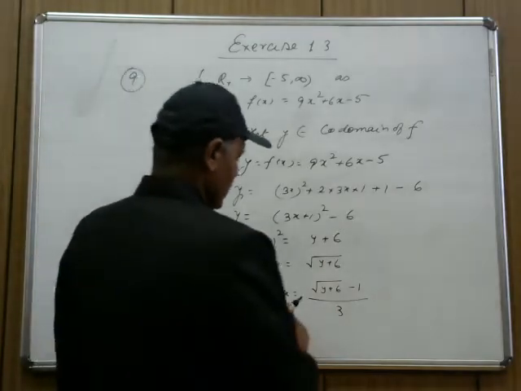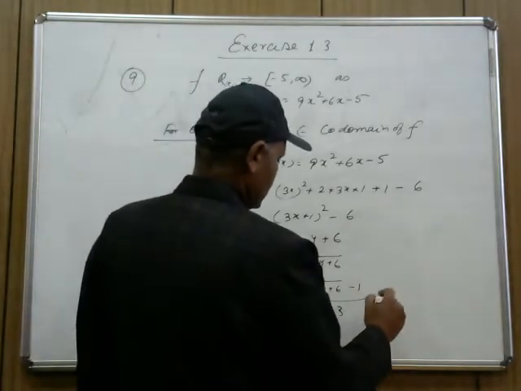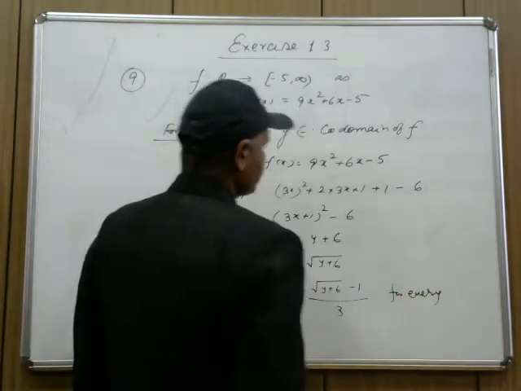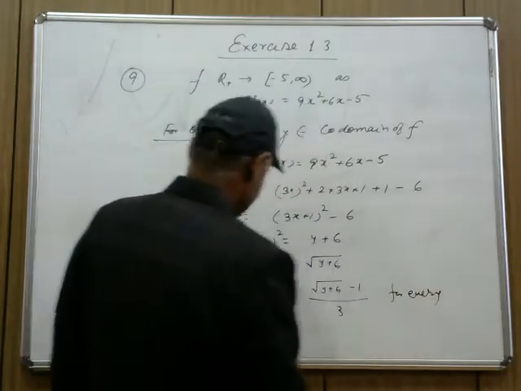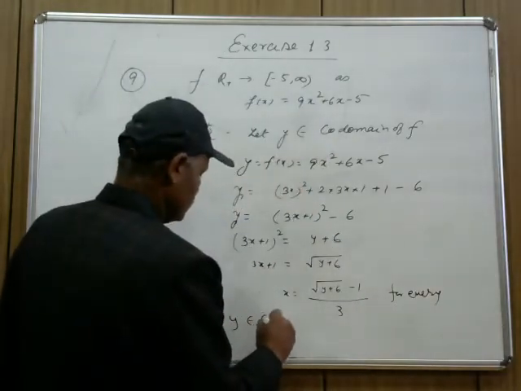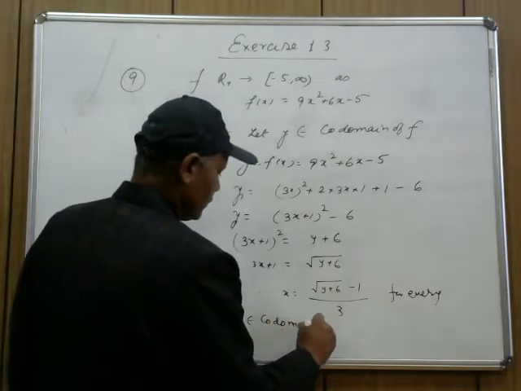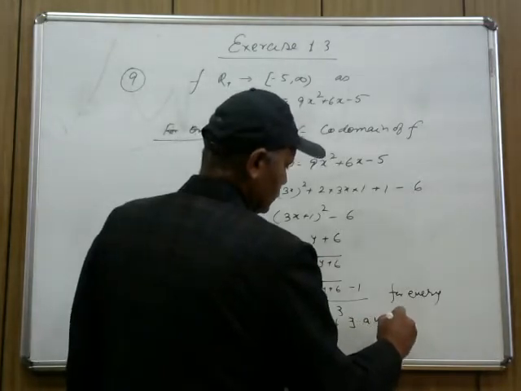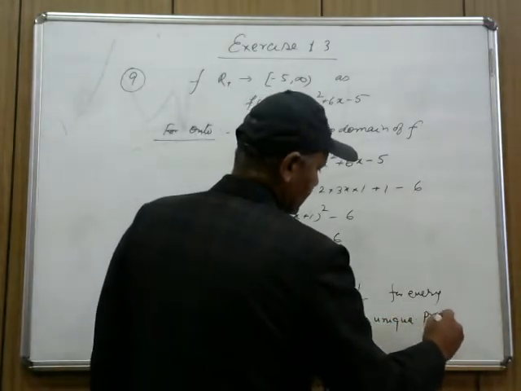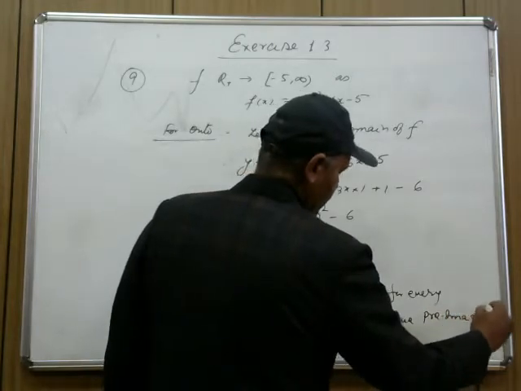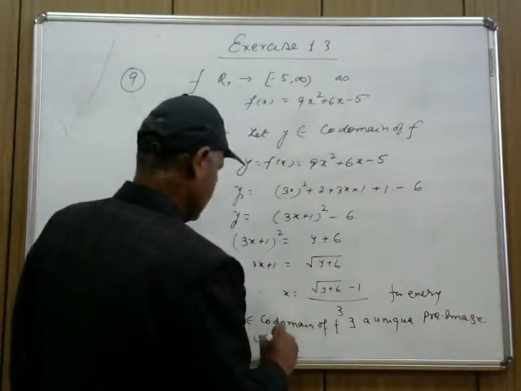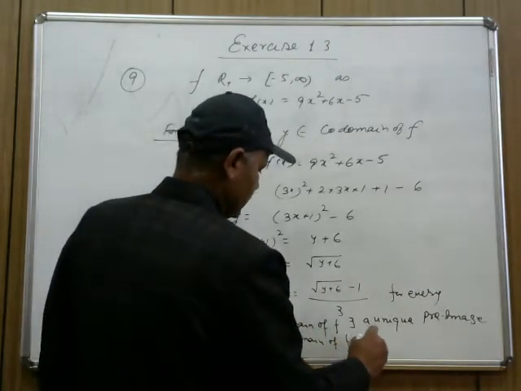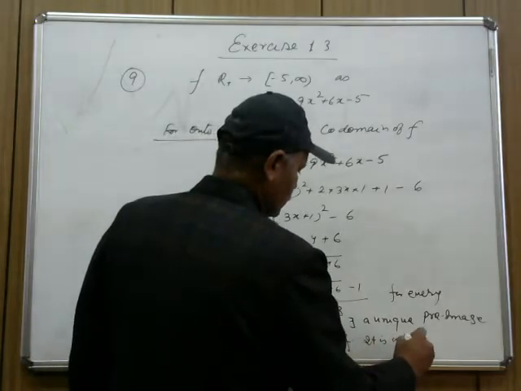That's why for every y belonging to the codomain of f, there exists a unique preimage in the domain of f, and hence it is onto.